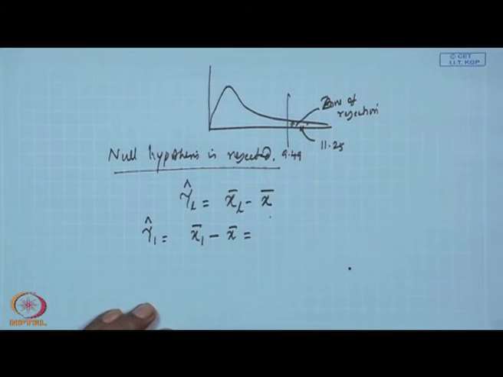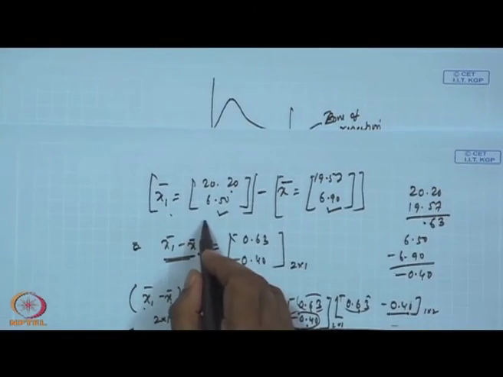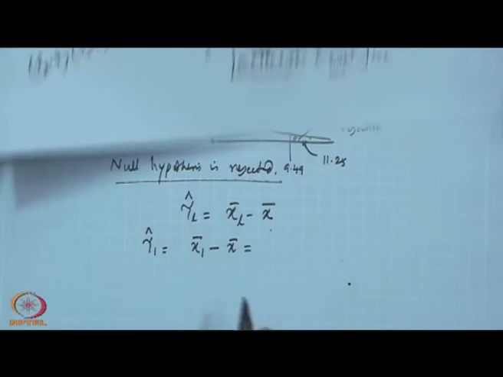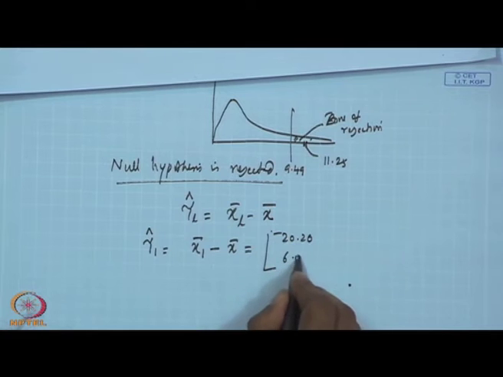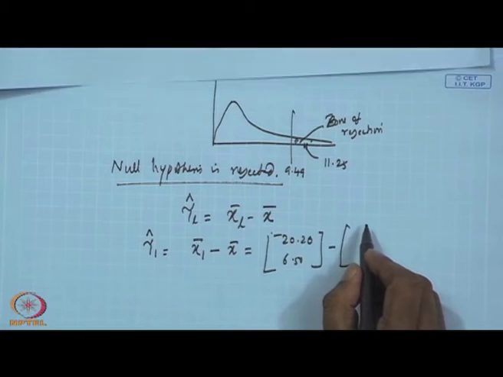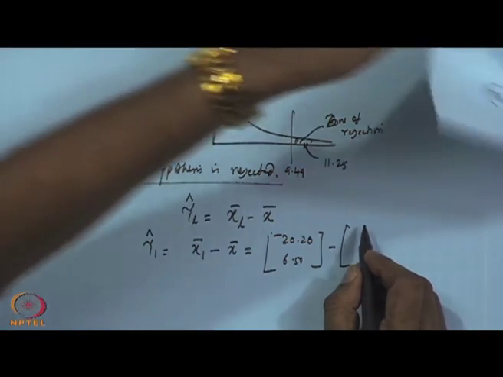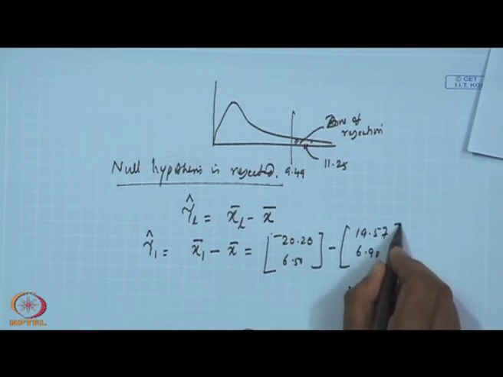I think we have already seen the x 1 bar and x bar values; they are there with you. Your x 1 bar is 20.20 and 6.50, minus x bar, which we got as 19.57 and 6.90.